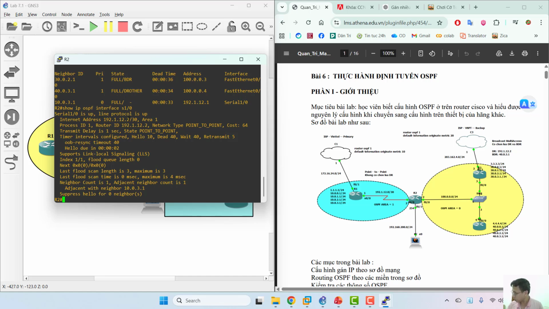With this line, we can see the type of connection and the cost. For example, here the connection type is point to point, and the cost is 64.